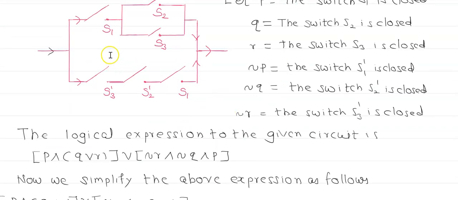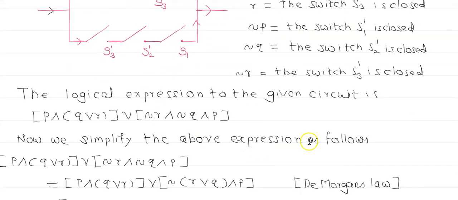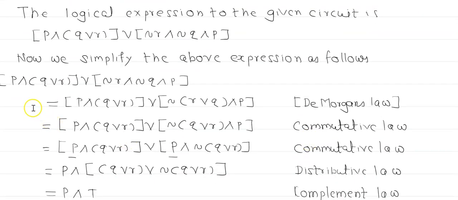P and Q or R, or this block, the total block is parallel with this block, which are in a series, that is negation of R and negation of Q and P. Now we'll simplify the above expression as follows. P and Q or R, or negation of R and negation of Q and P.